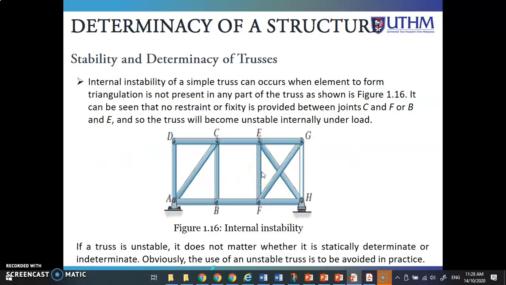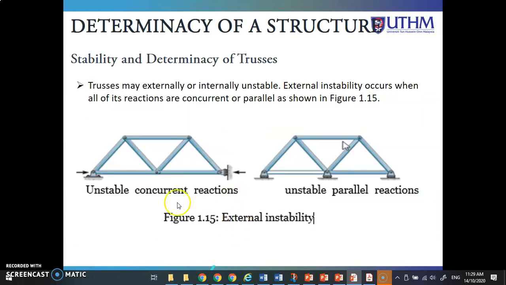Okay, kalau internal pula dia tidak stabil disebabkan kurangnya element ataupun kurangnya triangle truss. Sepatutnya ada connection between C and F ataupun E dan B. So this one will become internal instability. So bear in mind, kalau internal tu maksudnya dalaman. Dalaman maksudnya truss kat dalam ni lah. Kalau external tu maksudnya dia adalah luaran. So dia berkaitan dengan support reaction.